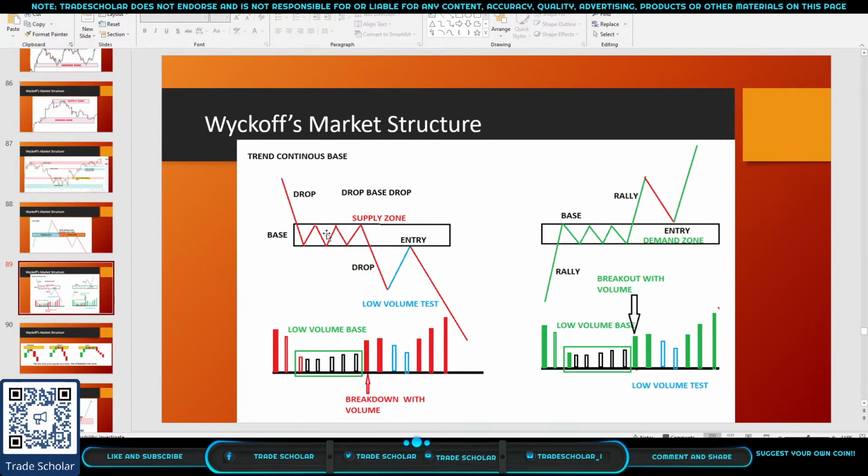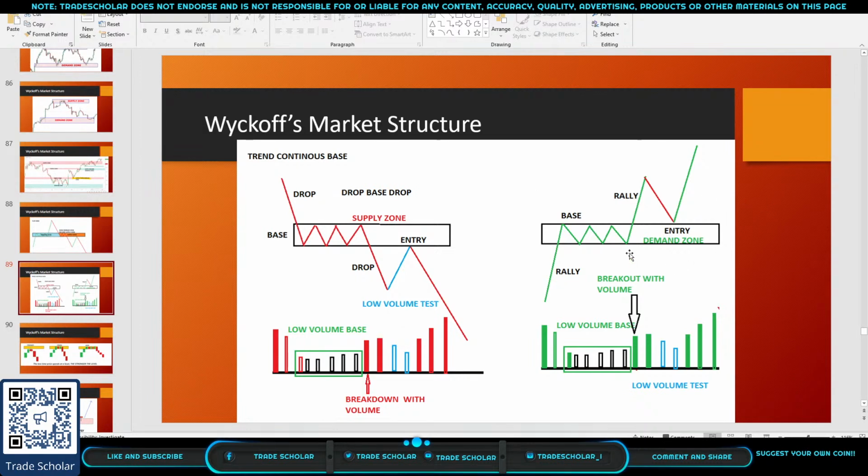The low volume base is a consolidation area. So it consolidates and then drops again. And then a low volume test: it will try to enter again here, touching the base again. Once it touches, another sell-off comes, because it touches the supply zone again. So as it touches, it drops again. So this is drop base drop.